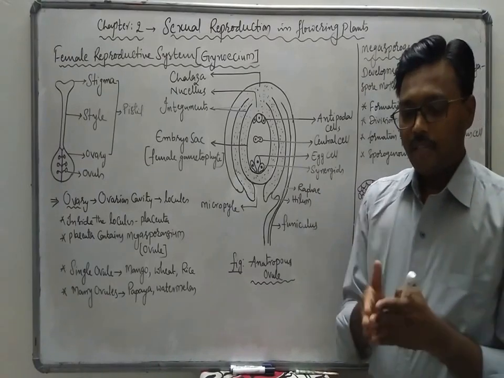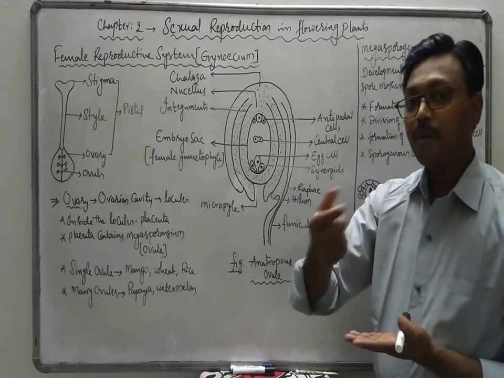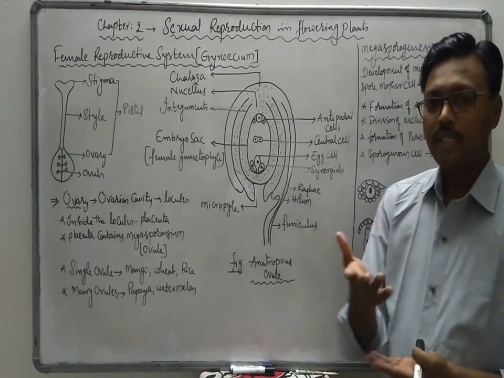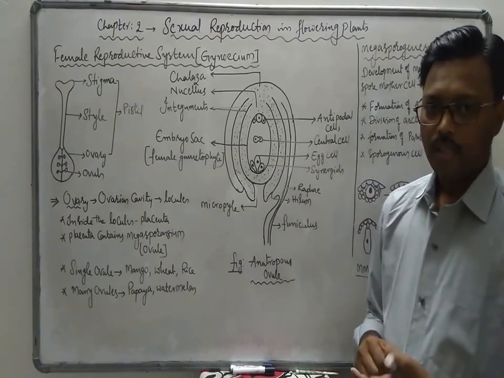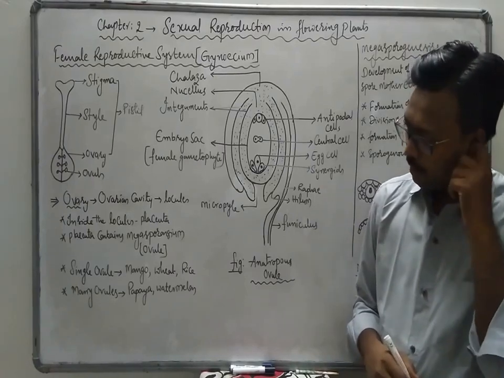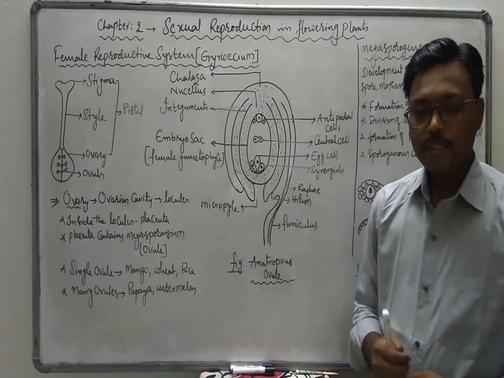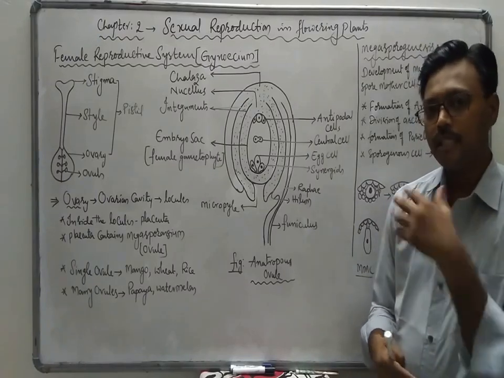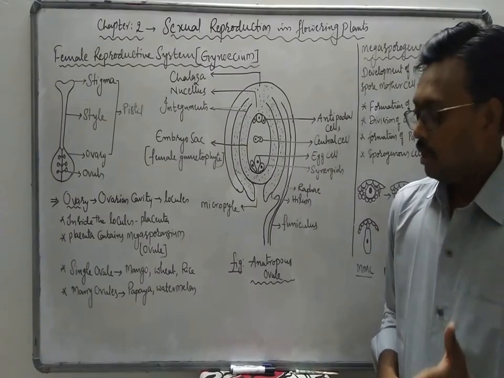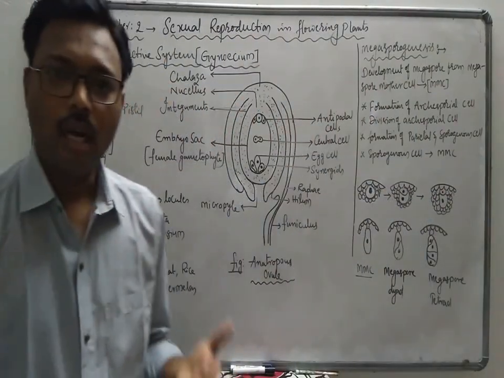When we cut a watermelon fruit, we get a number of seeds, and the number of seeds equals the number of ovules in the ovary. We all know that, okay? So the number of ovules in the ovary depends upon the species.